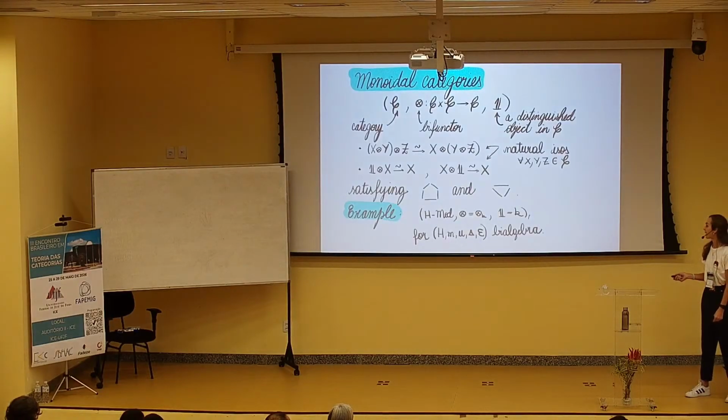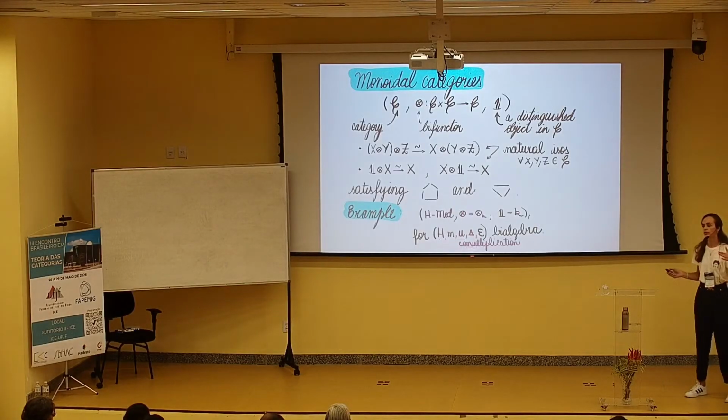And then, okay, every time you have an algebra, you can take the category of modules over this algebra. So this is your category. So how do I do the tensor product? The tensor product is just the tensor product between vector spaces, but you have to make sure that the tensor product of 2 H-modules is again an H-module. That's why you need a co-multiplication.